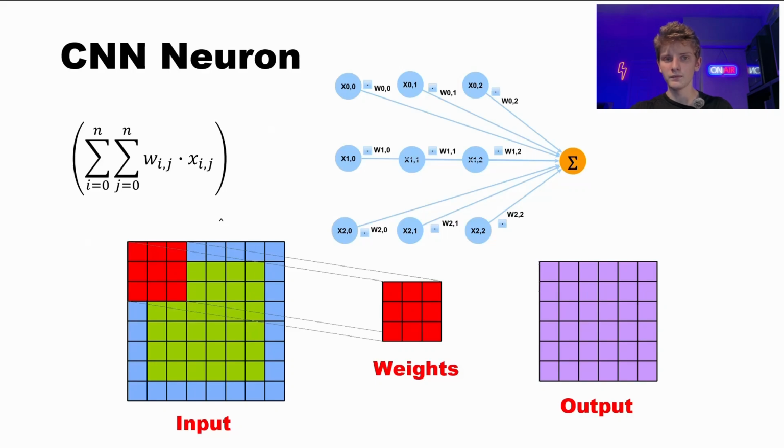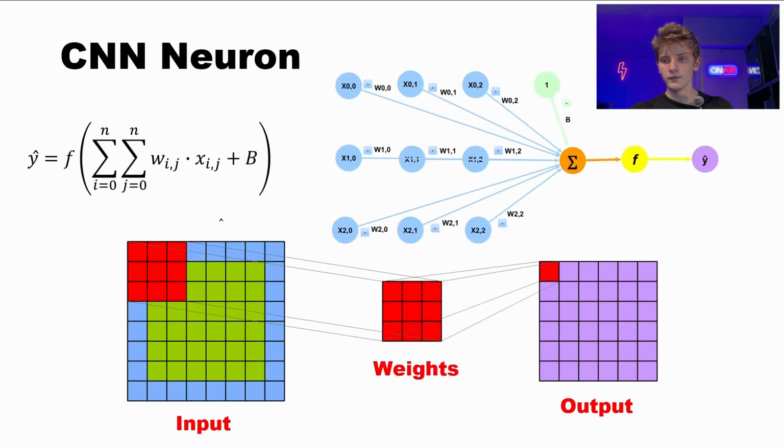It's in fact pretty much the same structure as a neuron. We're just using it in the context of filters and patches of our input image. And of course, that's going to give us an output. As mentioned before, each individual value in our output matrix is going to represent our filter being applied to a different patch, so rather a different set of inputs.